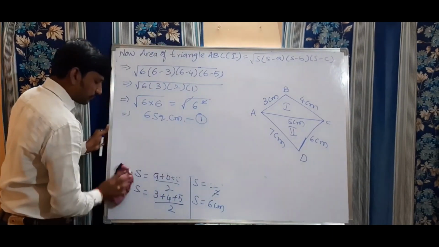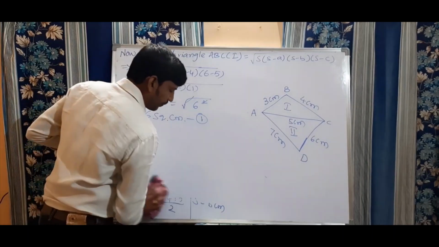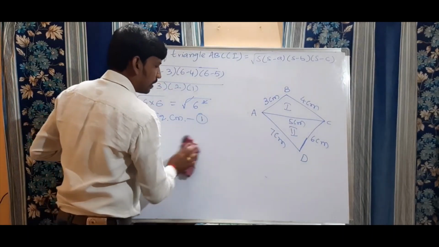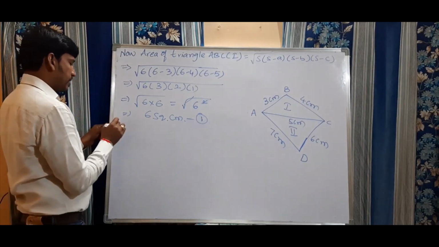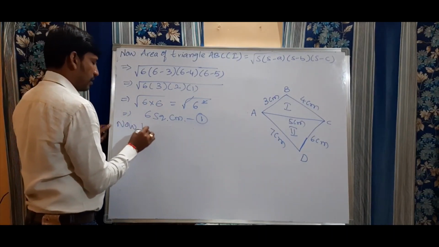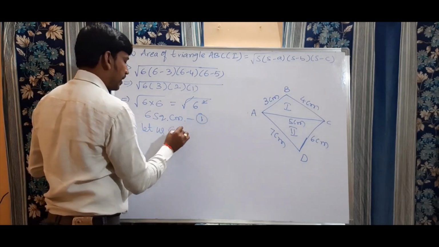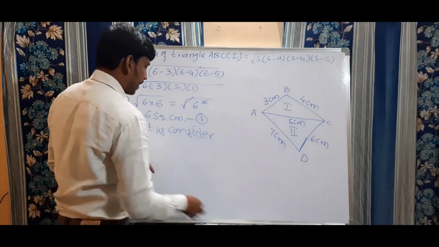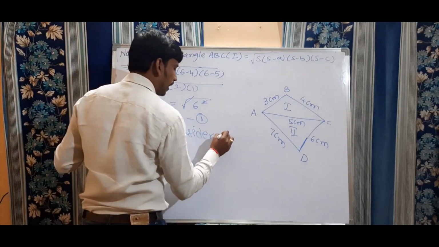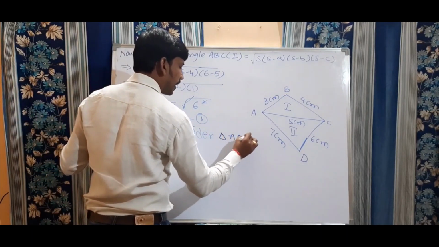Okay? Now, to find the area of the second triangle, let us consider triangle ACD.